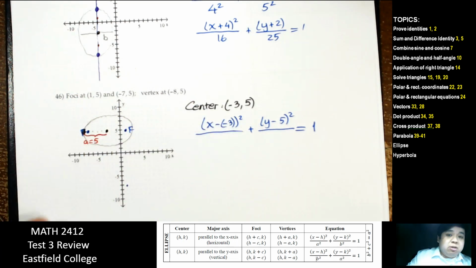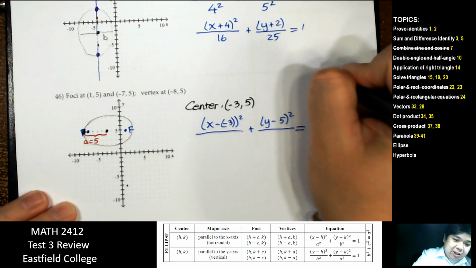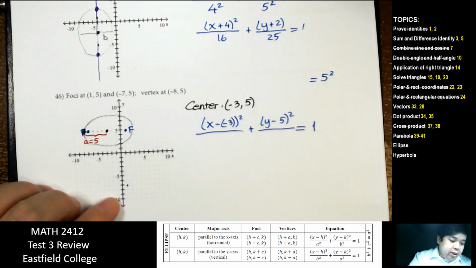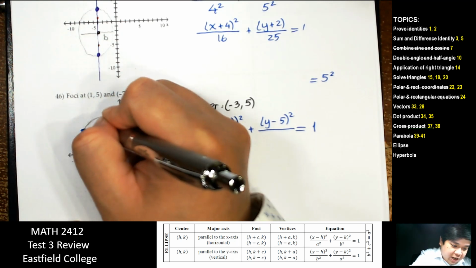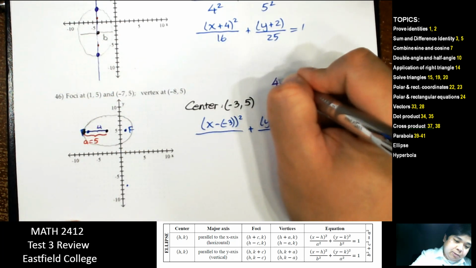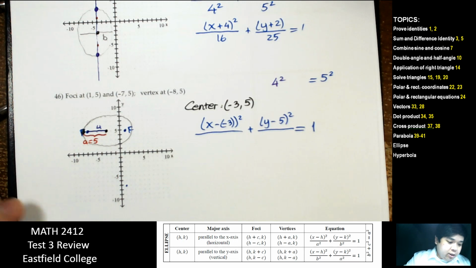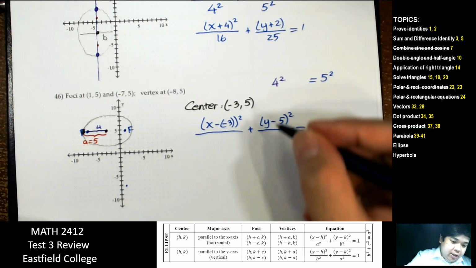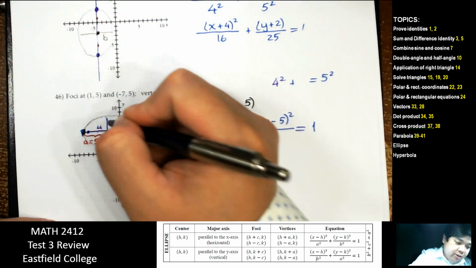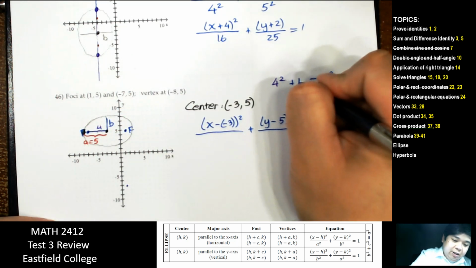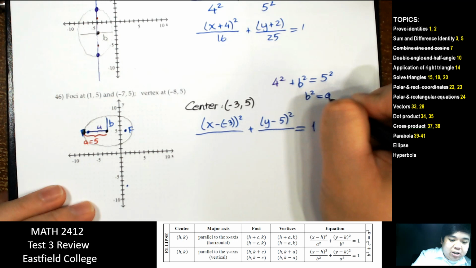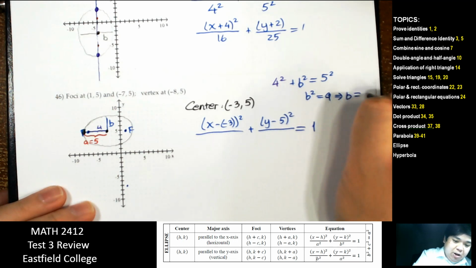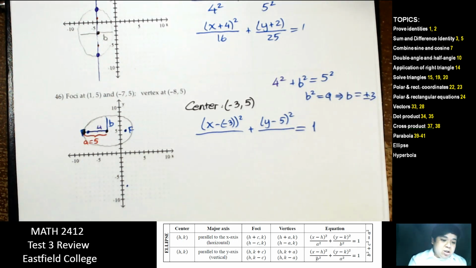The biggest distance is 5 squared, so I'm going to put 5 squared by itself. The smaller distance, first we have the focus to the center, that is 4. And then whatever we need is b squared. So b squared equals 9, so b is plus or minus 3.